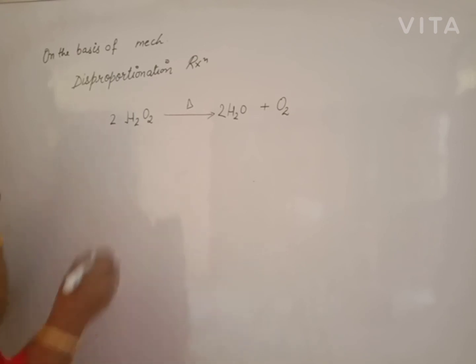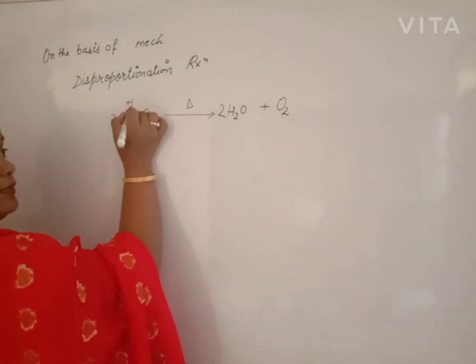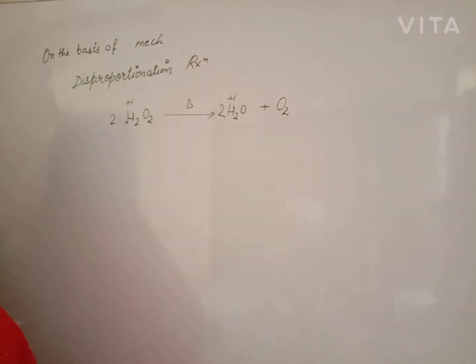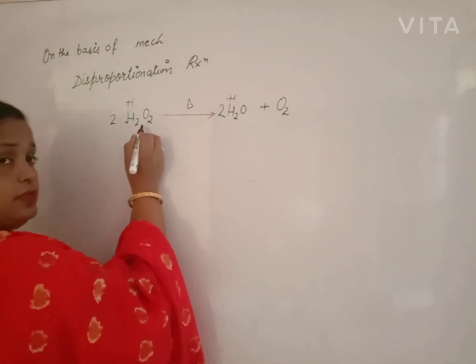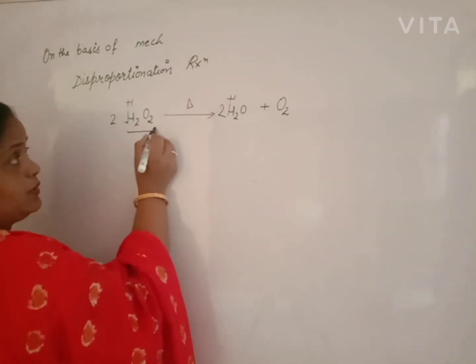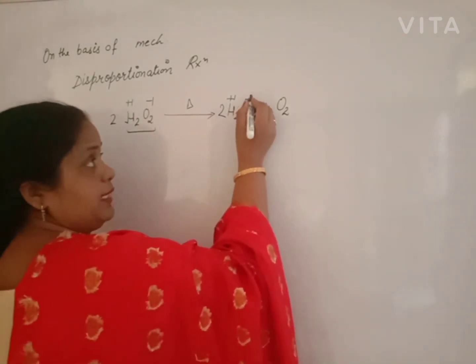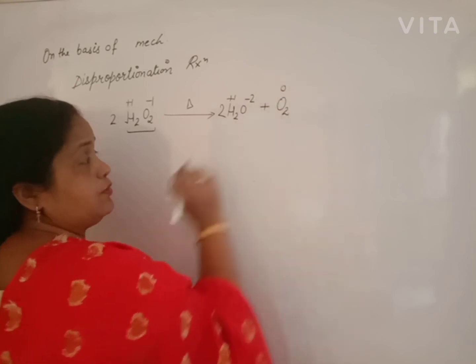What will happen? Hydrogen with non-metal is +1. It does not change. Oxidation number of oxygen in case of peroxide is -1. In water it is -2. In pure state it is 0.